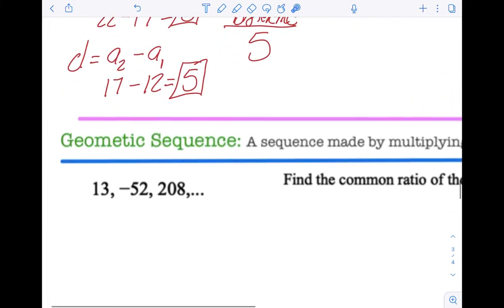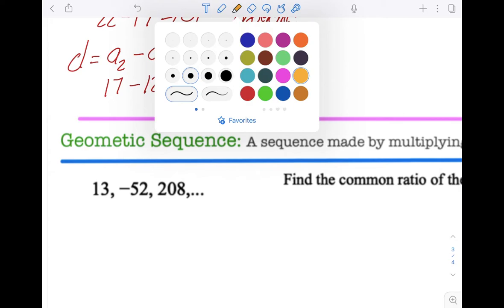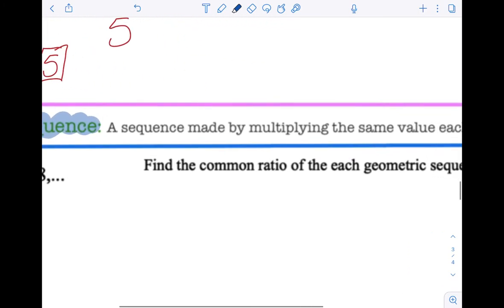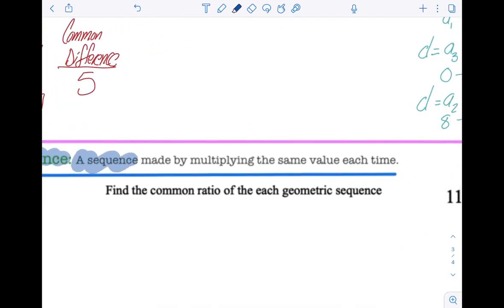Next, we're going to talk about a geometric sequence. A geometric sequence is a sequence made by multiplying the same value each time. So in this case, you multiply to get to the next number. Instead of adding, you're going to multiply to get to the next number. Okay?